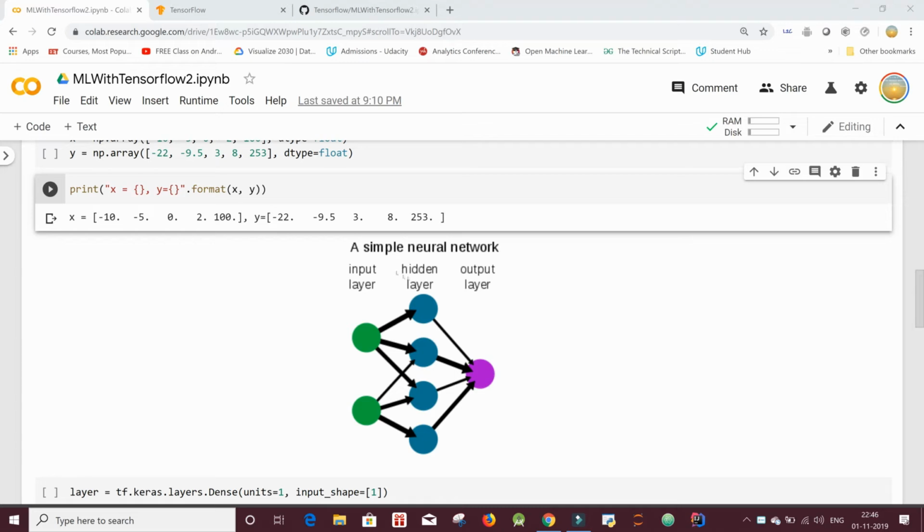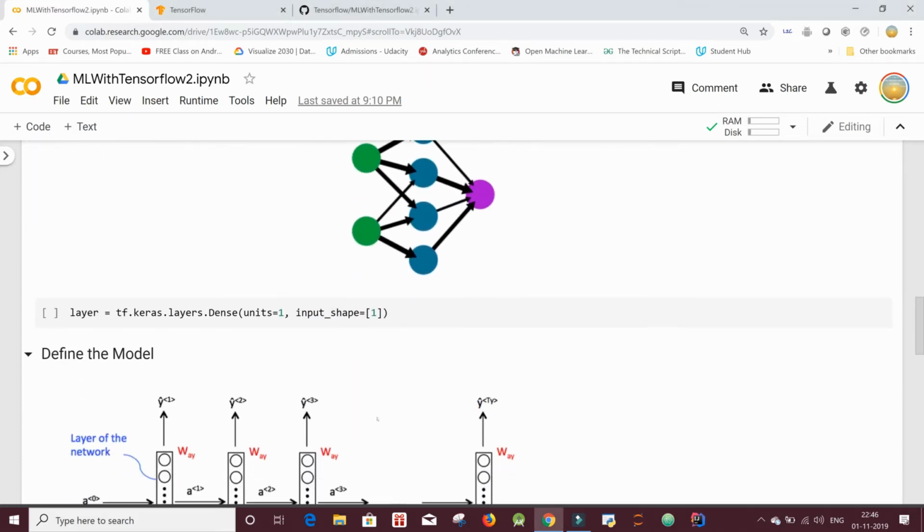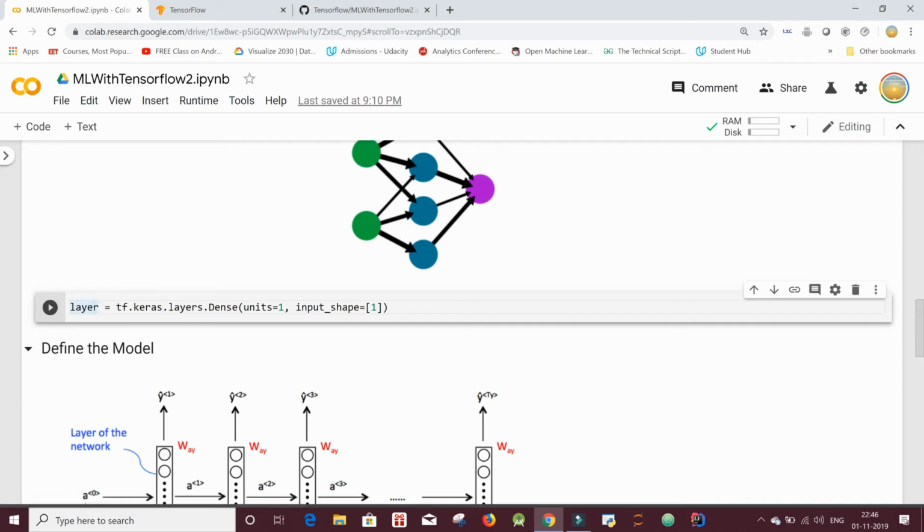In order to build a simple neural network with one input layer and one output layer, we have come so far that we have our input layer ready in the form of x and also our output layer in the form of y. So we have these two layers ready. Now we have to work upon the hidden layer. For that, I have a variable named layer, and it's deriving a dense layer from the TensorFlow Keras API.